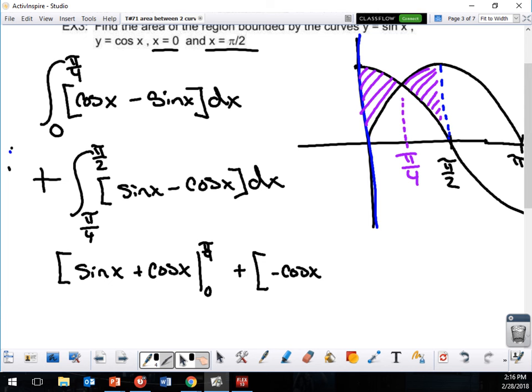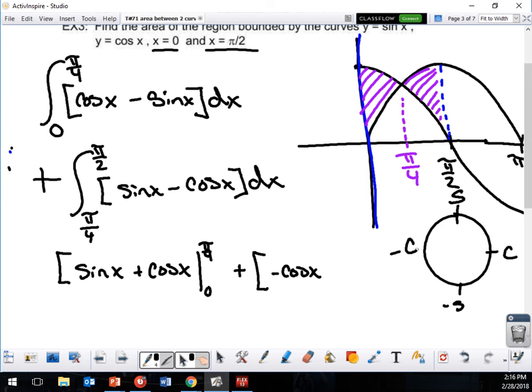So think about it: if you include the negative, the integration of negative cosine. Do I need to draw the wheel, the clock? Look: negative sine, sine, positive cosine, negative cosine, right?